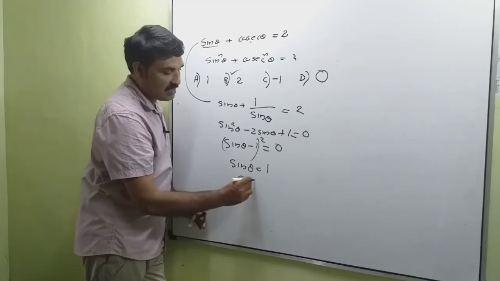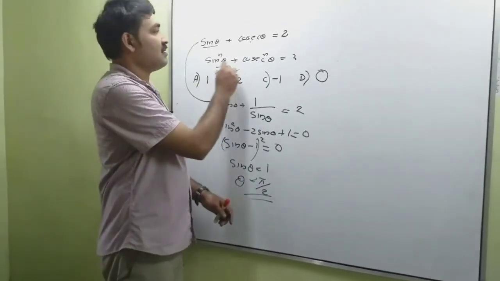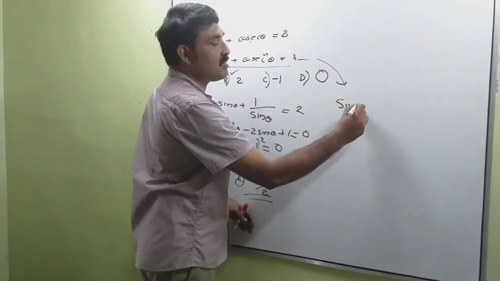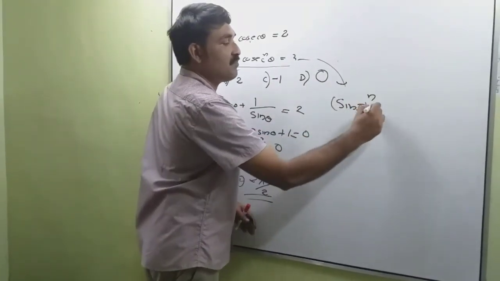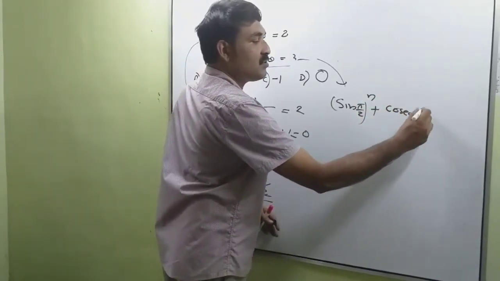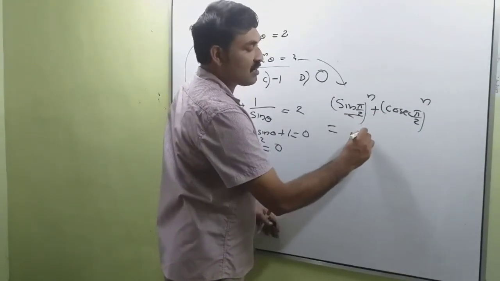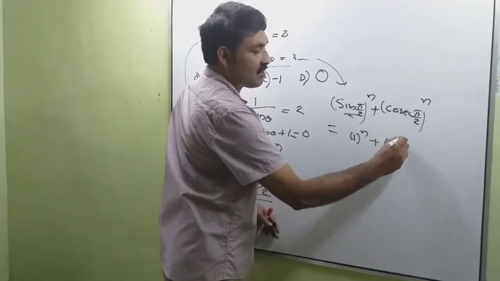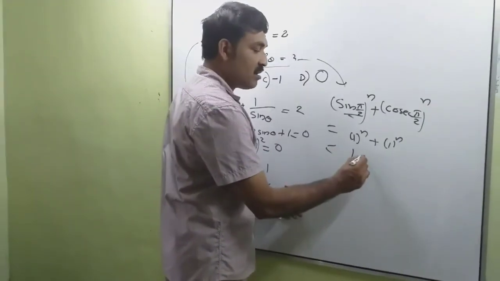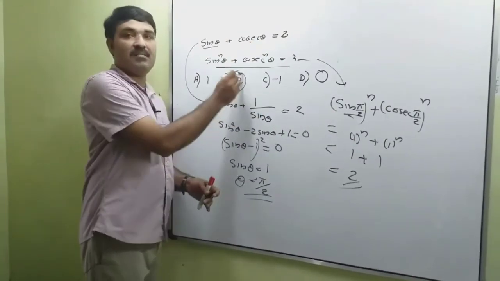This implies theta is equal to pi by 2. This implies sin pi by 2 whole raised to n plus cosec pi by 2 whole raised to n is equal to 1 raised to n plus 1 raised to n. 1 raised to any value is 1, so 1 plus 1 is equal to 2. So the answer is B.